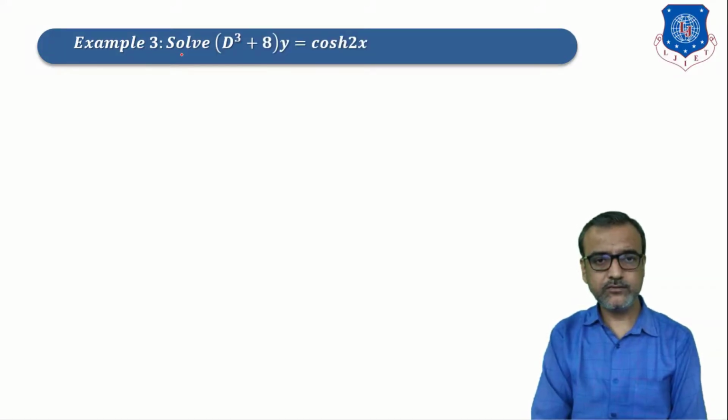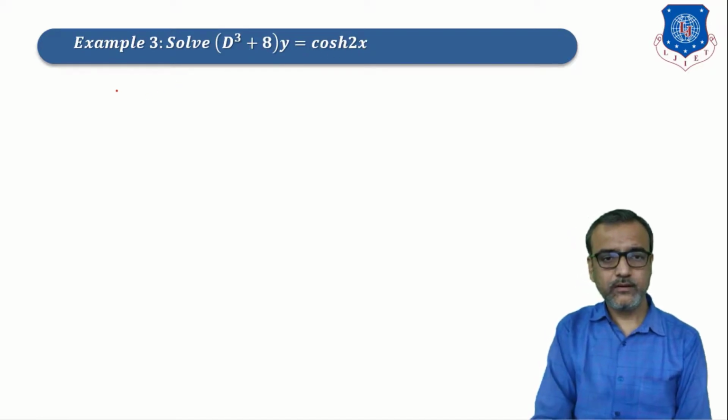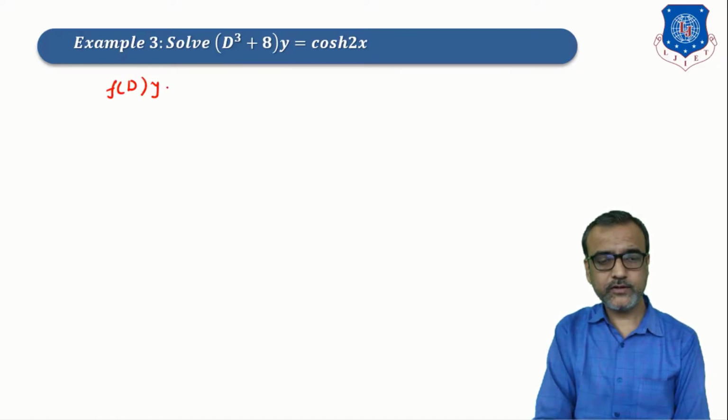Example number 3, solve D cube plus 8 y equals to hyperbolic cos 2x. Here the given differential equation is of the form f of D y equals to Q of x.